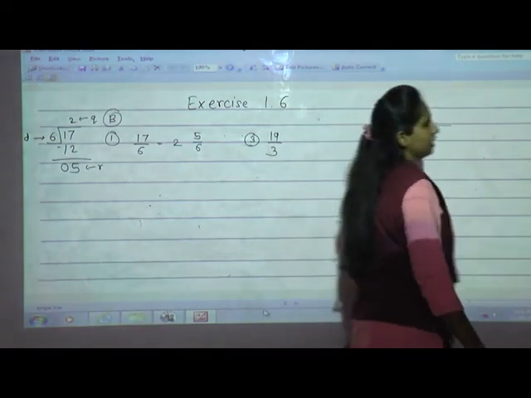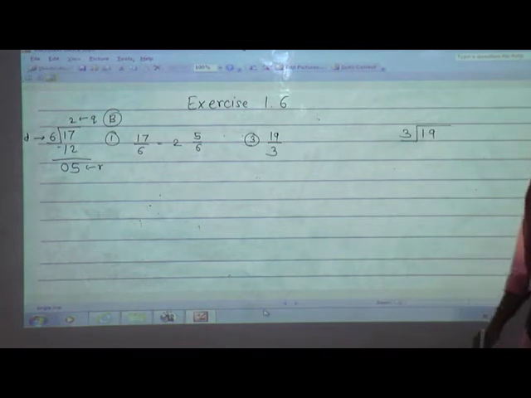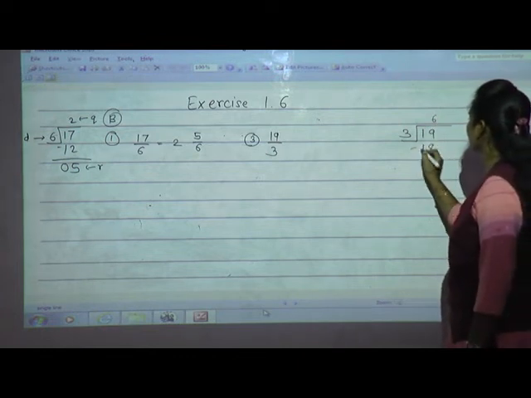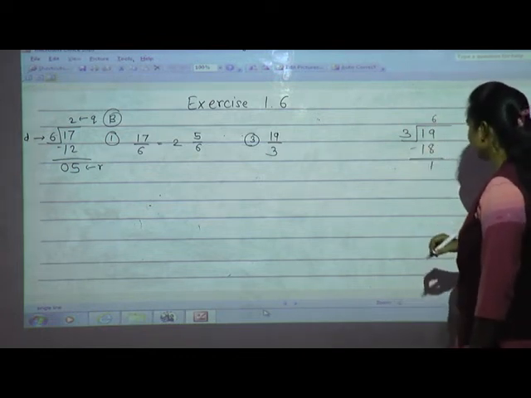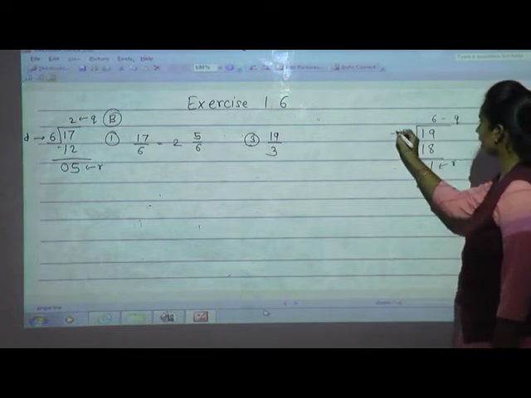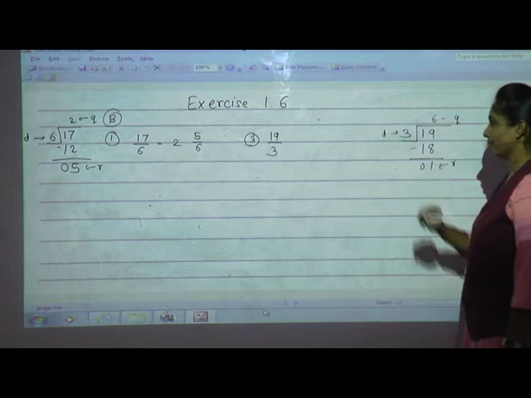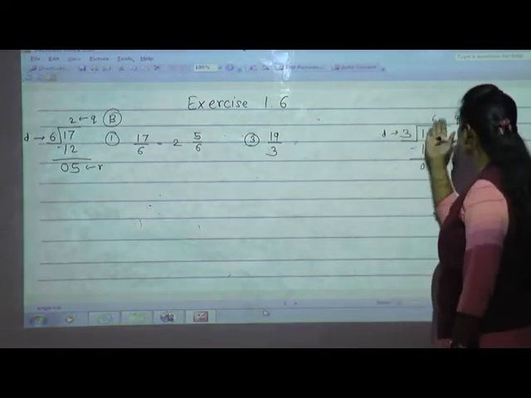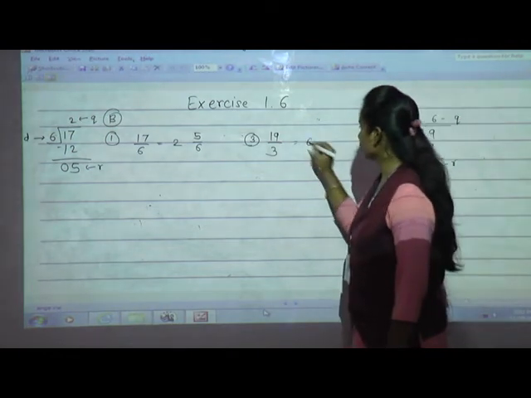In 3 table 19 is there, students? No. What is less than that? 3 6s are 18. See, the remainder is 1. This is remainder, this is quotient and this is denominator, isn't it? So whole number is 6. Write quotient here.